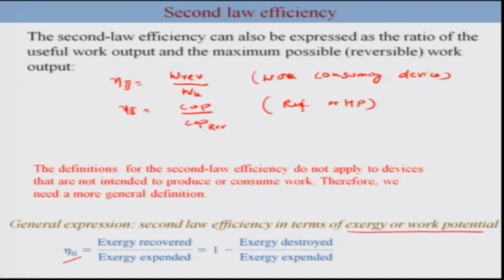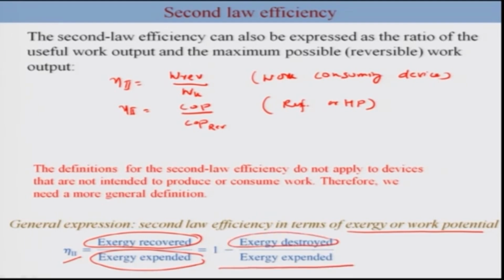So, eta 2 would be exergy recovered divided by exergy spent, or in other words we can write it as 1 minus exergy destroyed divided by exergy expended. We are going to spend more time on this definition and on making use of this efficiency in terms of exergy in the later part of this topic.